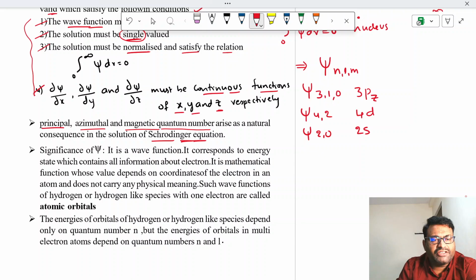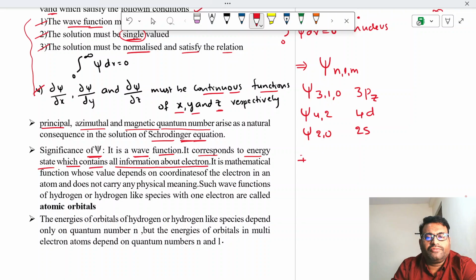Next, the significance of psi. Already we have studied that psi is called the wave function. It corresponds to an energy state. We have discussed that there are different energy states which the electron can occupy, and psi contains all information about the electron.